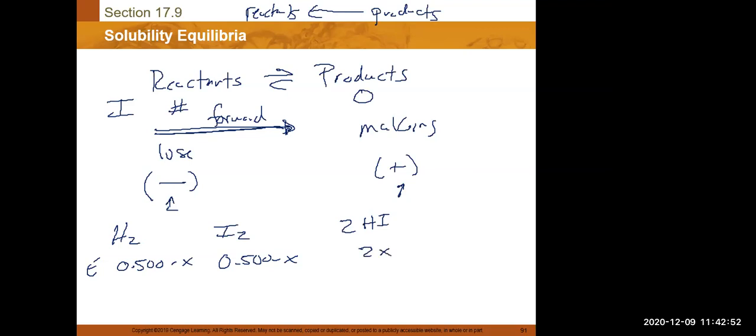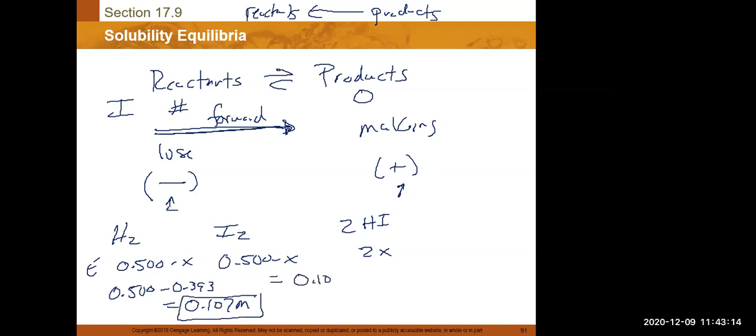So putting in our number, we get 0.5 minus 0.393. That gets us 0.107, and it would be molar. We would do the same thing here.